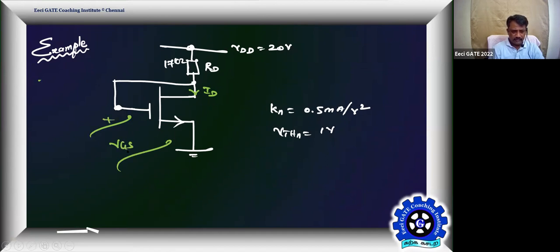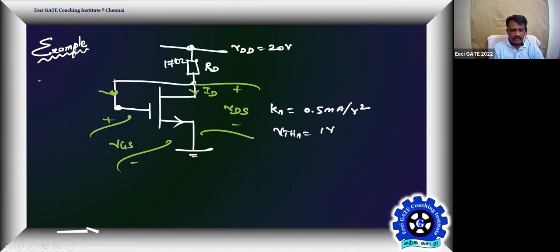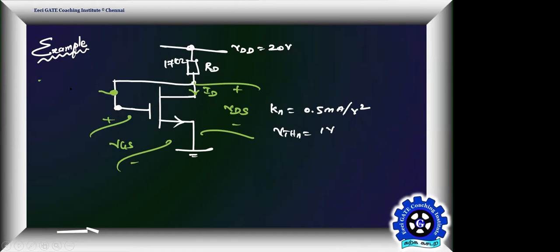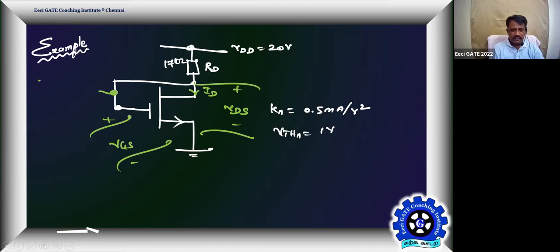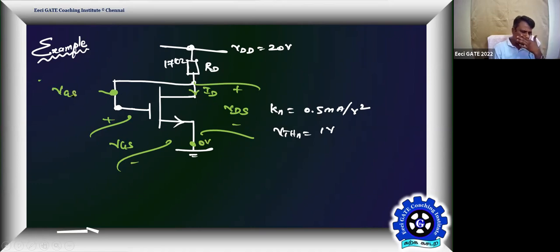VGS, correct? What is this potential? VDS, correct? What is this point potential? I'm calling this VGS, which means this point potential is 0. If there is some certain value of VGS, what is the gate potential? It is going to be exactly equal to VGS. So the gate potential is equal to VGS.